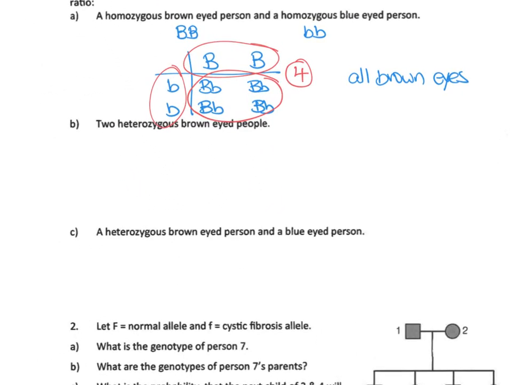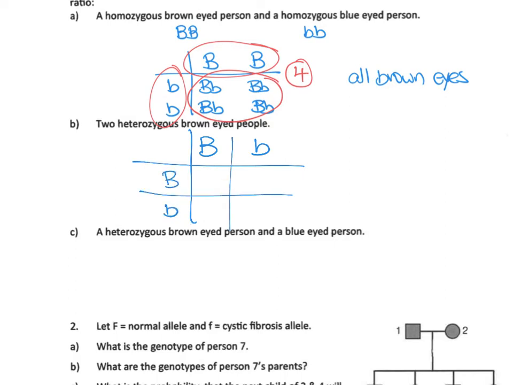The next one, 2 heterozygous. So heterozygous means big B, little b. Heterozygous, the alleles are different. So again, 1 mark for this, 1 mark for this. In here, 2 big B's, big B, little b, big B, little b, and 2 little b's.